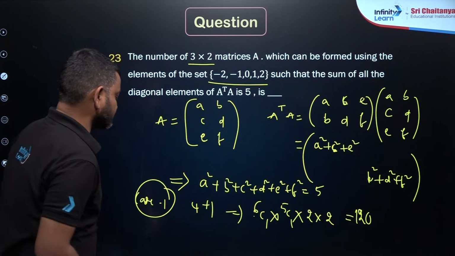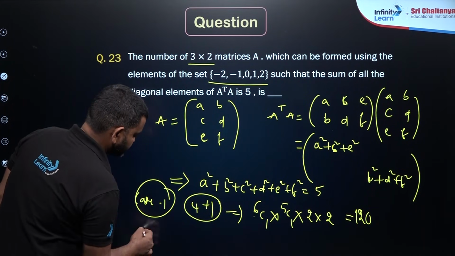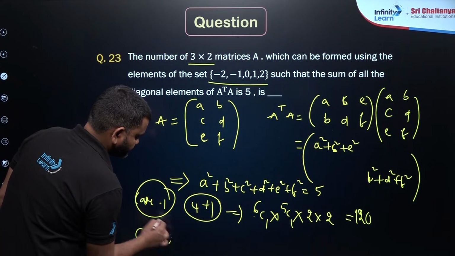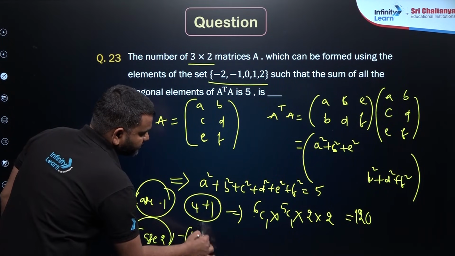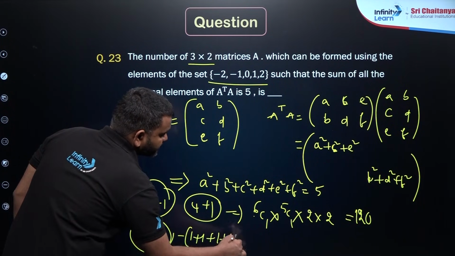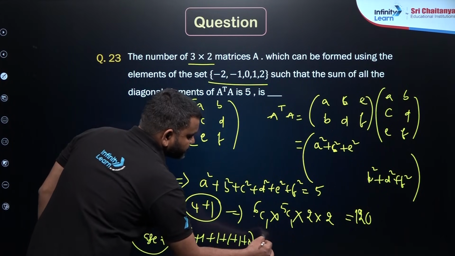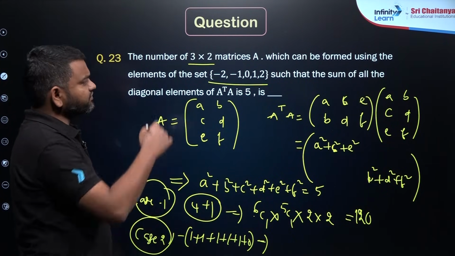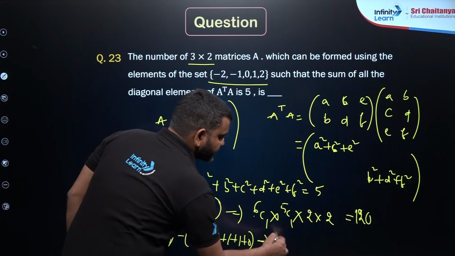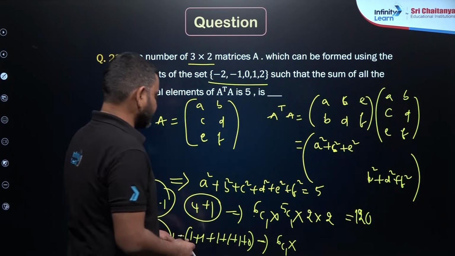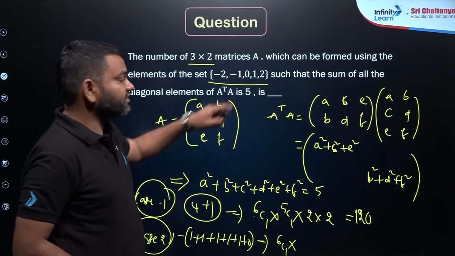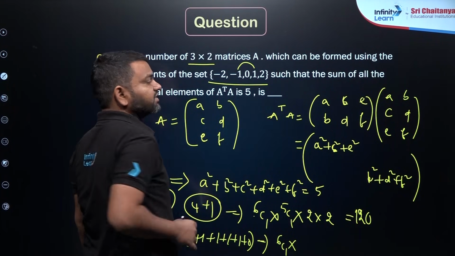And another situation, case 2 for me is 1 plus 1 plus 1 plus 1 plus 1 plus 0. So here the zero I have to select only one place. I will do it in 6C1 ways, and in the remaining 5 places I can write either of these numbers. Either I can write minus 1 or plus 1.